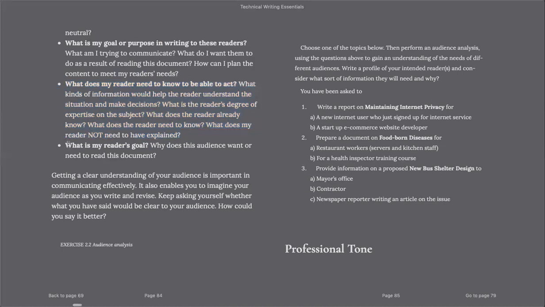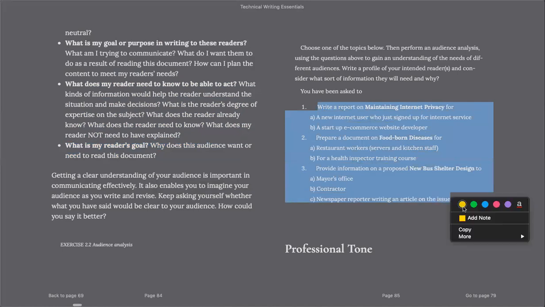The last one in assessing your audience is, what is my reader's goal per se? What does the audience want or need to read in this document? And we give the information as much as they need to have. We write reports. For example, if you're taking a language proficiency test or in business writing, you write proposals.